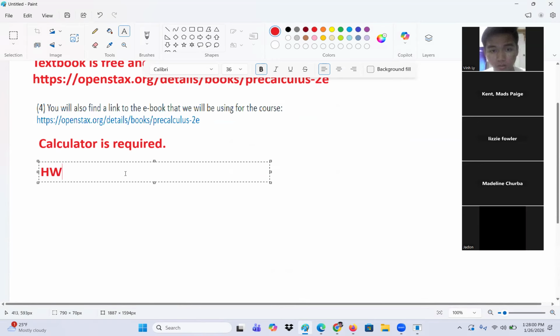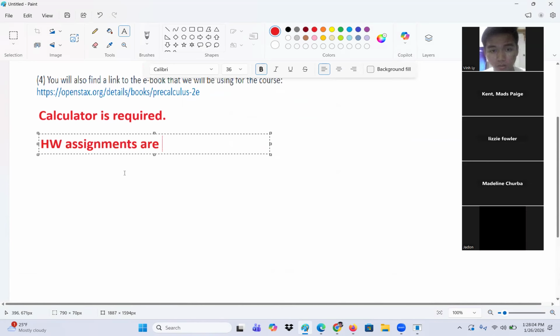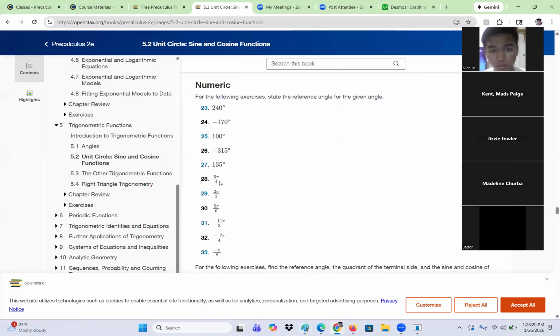So the homework assignment is on the bottom of each chapter. So you can always go there and then check.